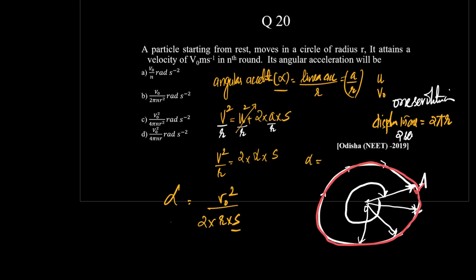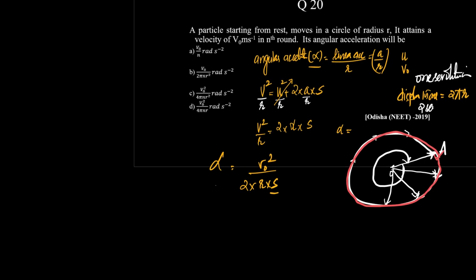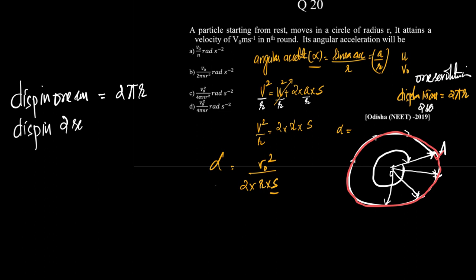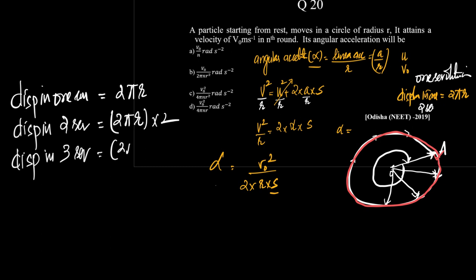So if displacement in one revolution is equal to 2 pi r, then what is the displacement in two revolutions? It is 2 pi r into 2. In which case, what is the displacement in 3 revolutions? It is 2 pi r into 3. So what would be the displacement in n revolutions?